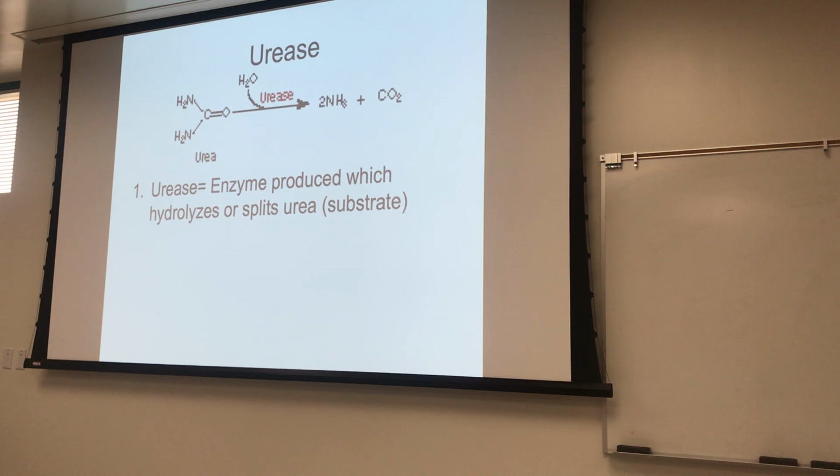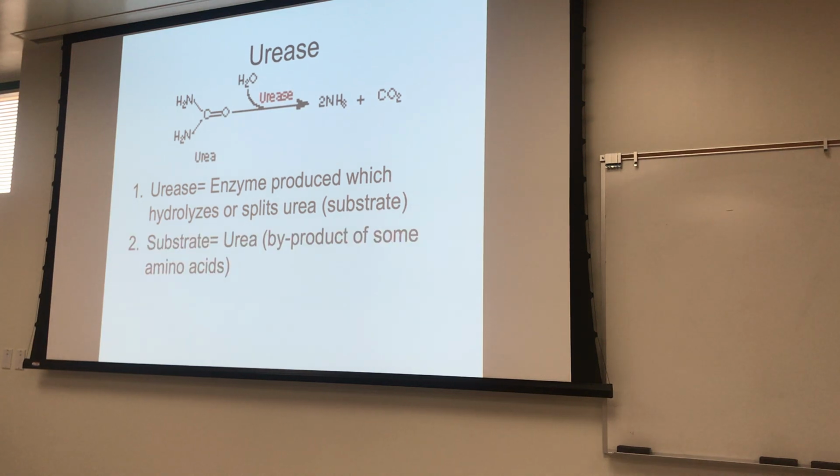We get urea in our bodies as our bodies process amino acids. As we metabolize some of the amino acids in our diet, urea is a byproduct from that. And some bacteria can use it as an additional nutrient source.